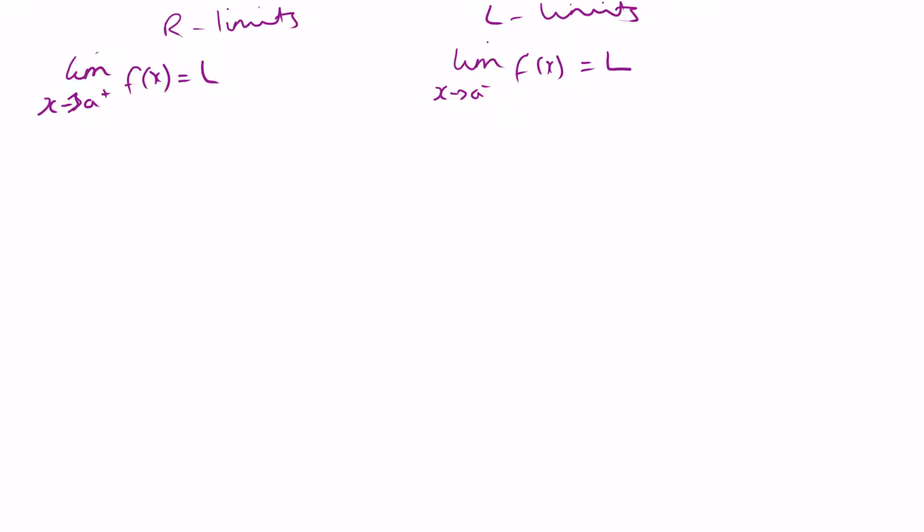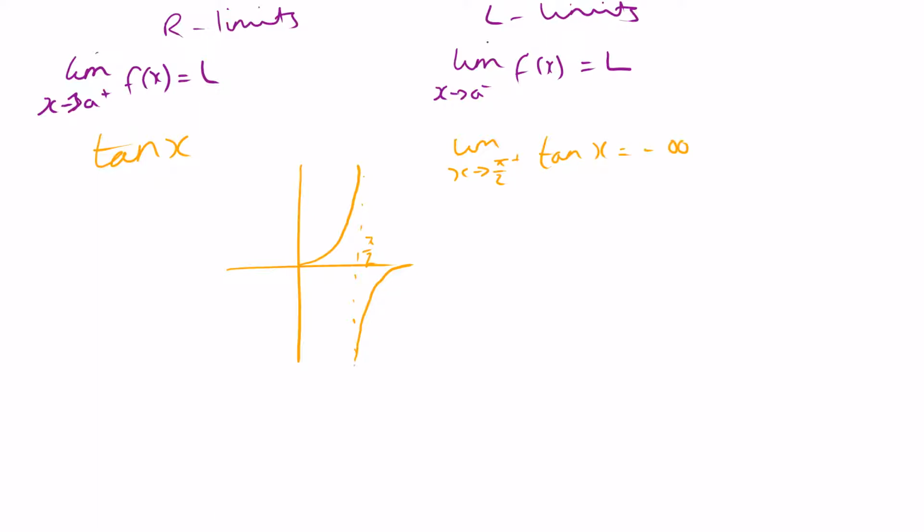So we can show these with an example. Say we have tan x. We all know the shape of tan x is asymptotic. So if we take this point here, the asymptote, which is pi by 2, then the limit as x tends to pi by 2 positive of tan x is negative infinity.